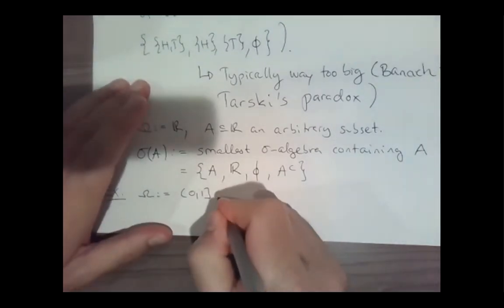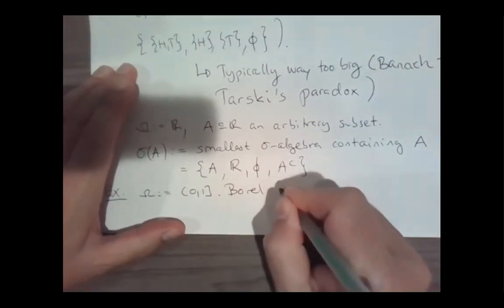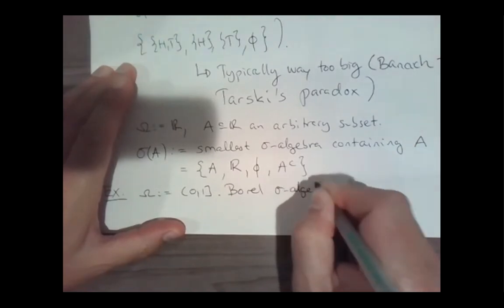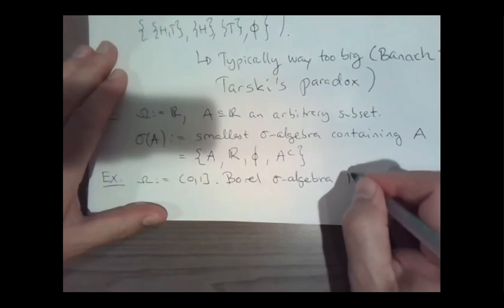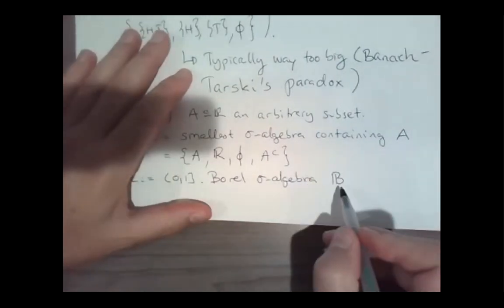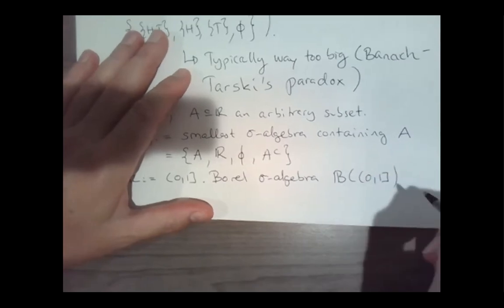So then, the Borel algebra, the Borel sigma algebra, is denoted with a capital B, and then of the interval 0 to 1.